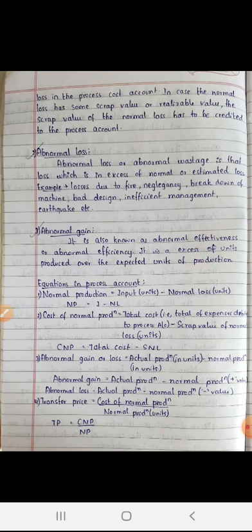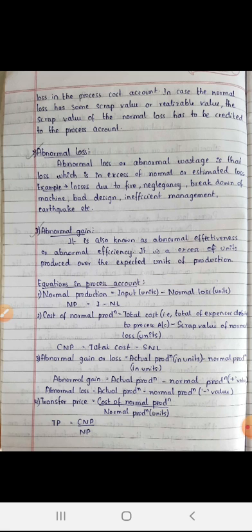Then we see some equations in process account. These are very important at the time of solving the problems. In detail, we'll see them when solving the problems. Main equations under the process account. First one, normal production. How to calculate the normal production?